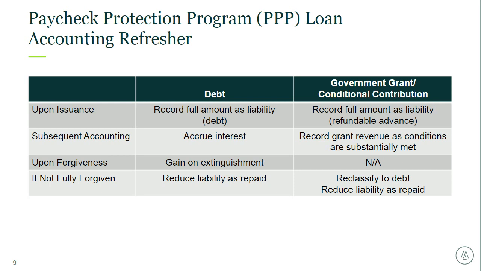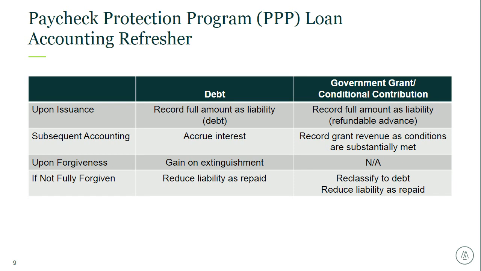And so in the case of a PPP loan, really those conditions are use for eligible payroll costs or mortgage interest payments, rents, utilities, in accordance with the terms of the program over the 8 or 24-week period, depending on what you chose. So assuming you're using and those conditions are substantially met, you would recognize that revenue.